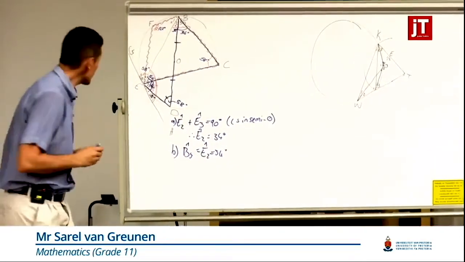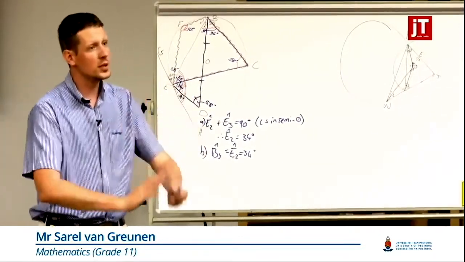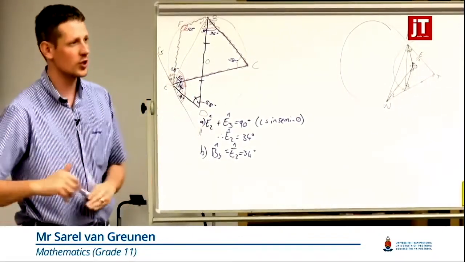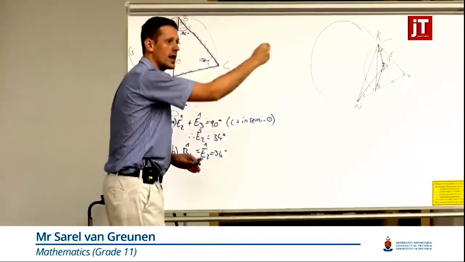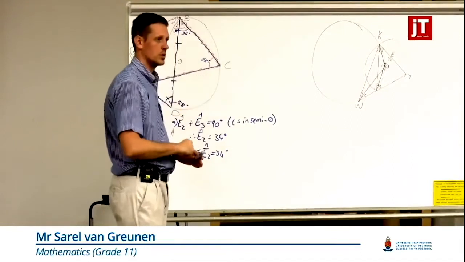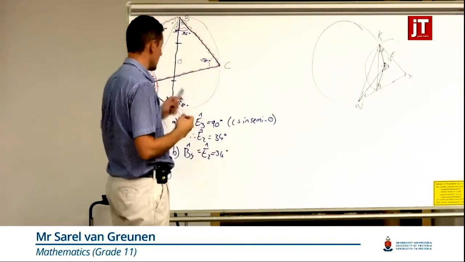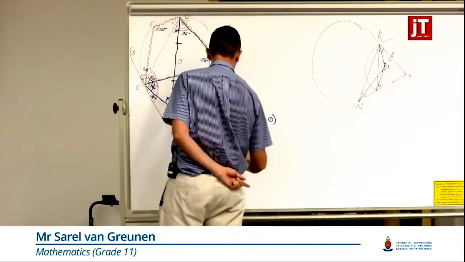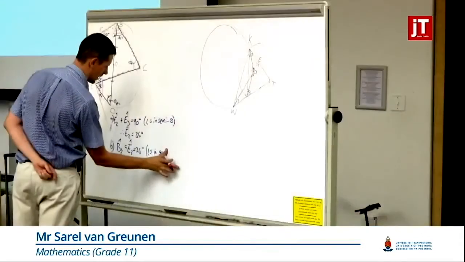I don't just say B3 is 34. No, B3 is E2, which is 34, because then the examiner knows what I made it equal to. Not just a value, an angle. And this is angles in same segment.